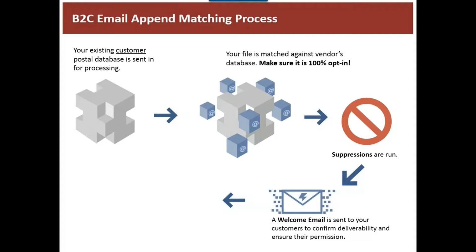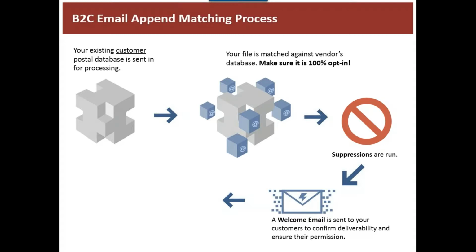Next up, this is a key step in the appending process, and this is where we also see a lot of things go wrong. A welcome email, very important. A permission email, it's also called. These get sent out to your appended emails, and either you can do this on your own or you can find a vendor that'll do it for you. It's a nice perk if you can find that.